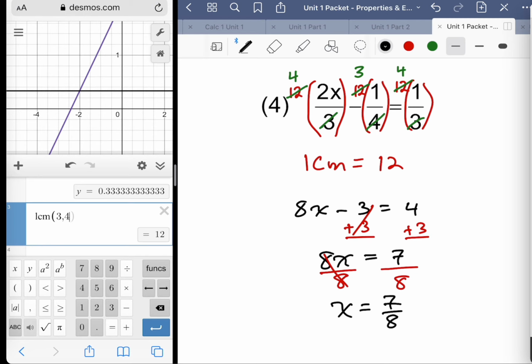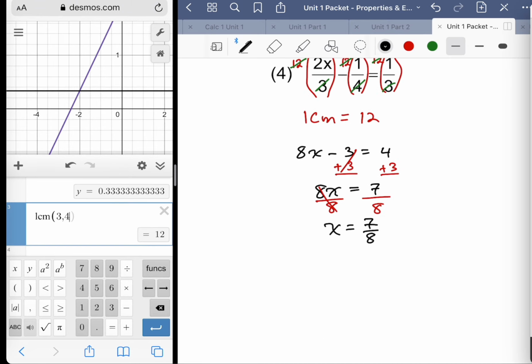One last thing. I know there's only like 10 minutes left. I wanted to give you some time to work on your calendars. But if you have 3 different numbers in your denominator and you need to find an LCM, I'll just throw a quick example here. Let's say you have 3, 5, and 2, and you need to find the LCM. There is no mechanism to do an LCM 3 terms at a time.